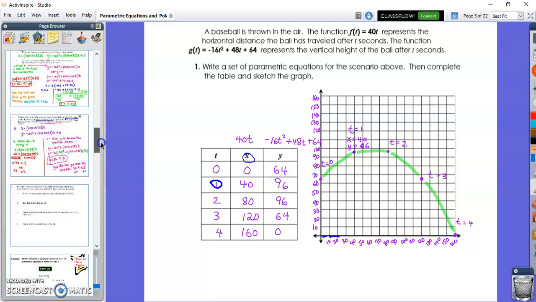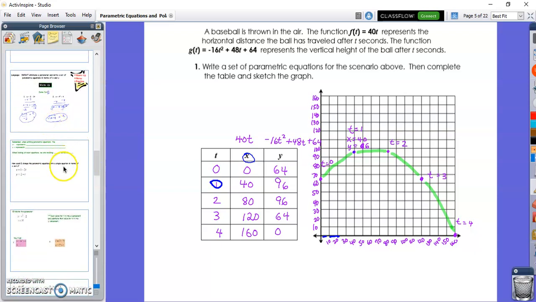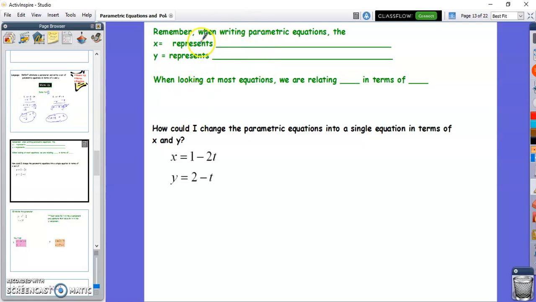Now, if we are given a parametric equation, let's keep in mind that x represents the horizontal distance. Like I said, it's how far the object goes, and the y represents the vertical distance.